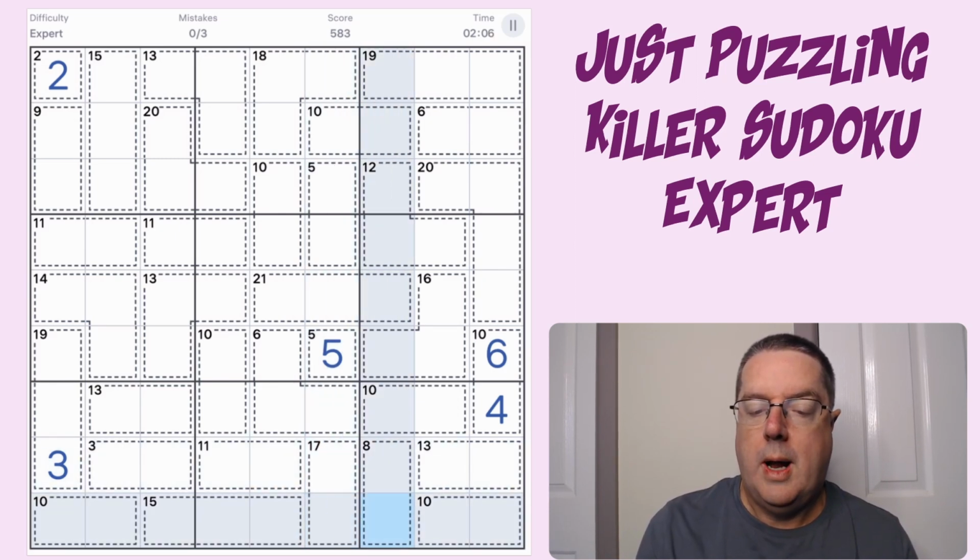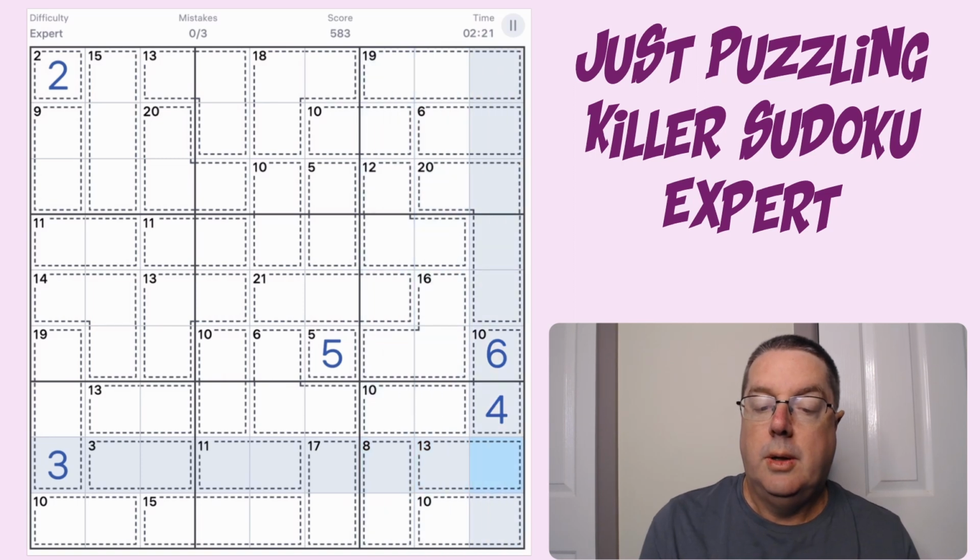So 9 and 1, that would be a 7. 8 and 2, that would be a 6. Could be either of those. Interestingly enough, 6 is going to be in one of these boxes.